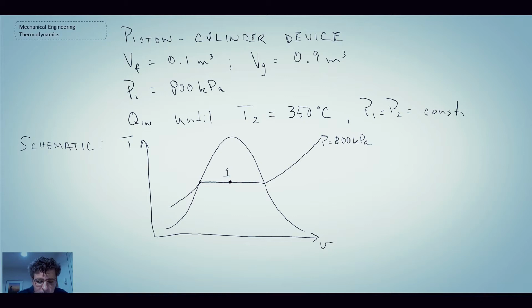And then with our process, what we're doing is we're adding heat, and we're heating up the fluid or the system, and eventually we're going to move up to some point here in our superheated region, and that would be at a temperature of 350 degrees C. So that's what we know about the process in terms of the schematic. So let's go into the analysis of this problem.